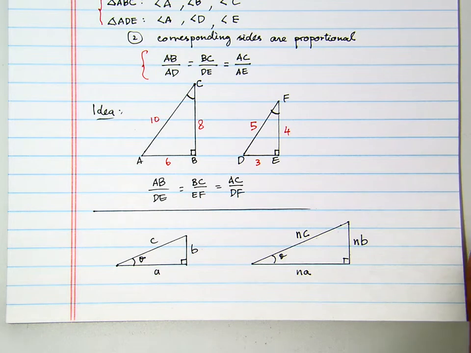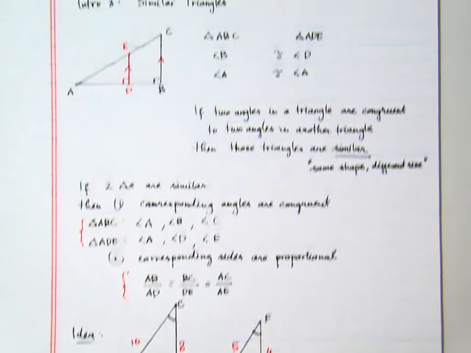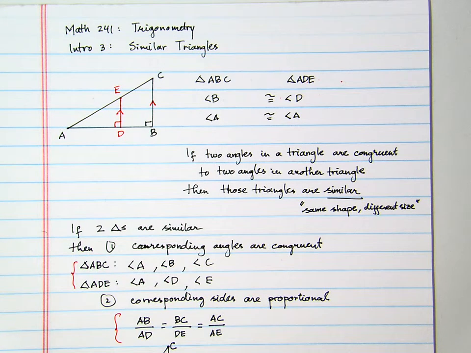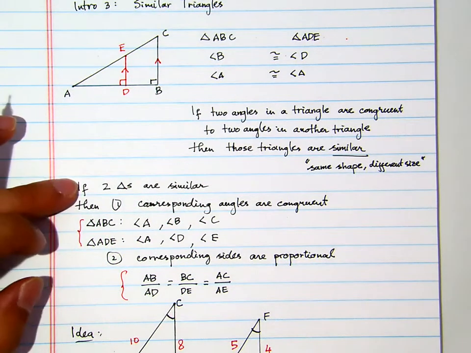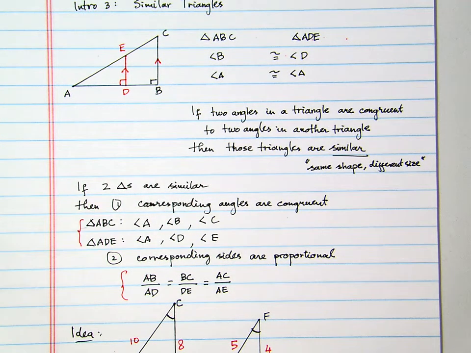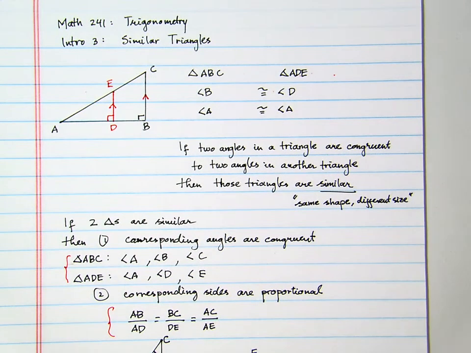For now, the idea behind trigonometry is similar triangles: if two triangles are similar, then the corresponding angles are congruent and the corresponding sides are proportional. This is the third introduction to Math 241 trigonometry, in which I tried to explain the idea behind trigonometry, which is the use of similar triangles.